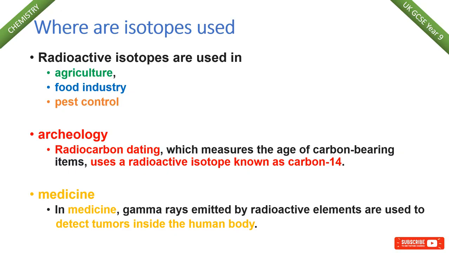Radiocarbon dating, which measures the age of carbon-bearing items, uses a radioactive isotope known as carbon-14. In medicine, gamma rays emitted by radioactive elements are used to detect tumors inside the human body. So, in a way, isotopes are very important to humans.